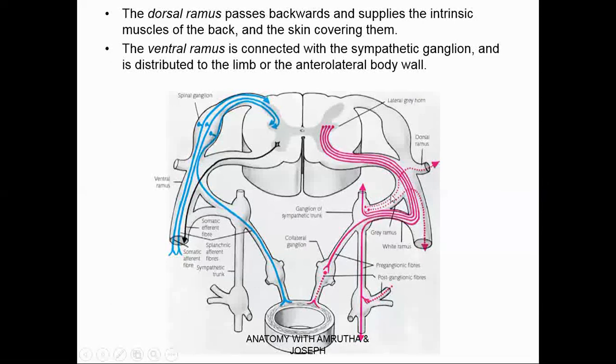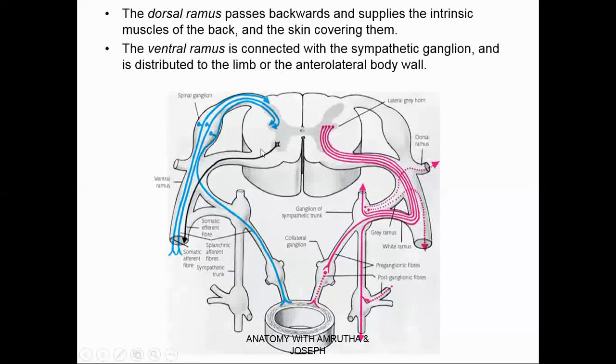Whereas the postganglionic fibers are very long because they have to go again into the spinal nerve and get distributed through that. Whereas in the parasympathetic system, you will see something opposite. So that we'll discuss at that time. So this is the fate of white rami communicants here.